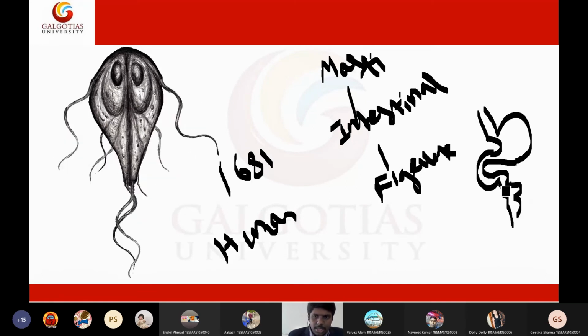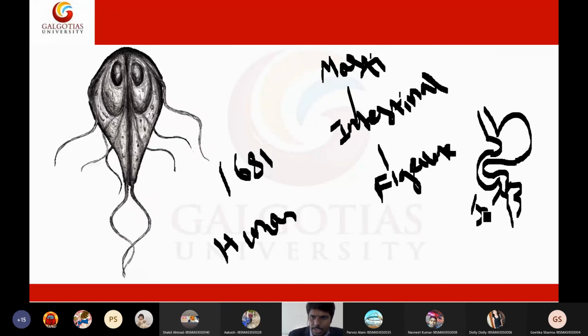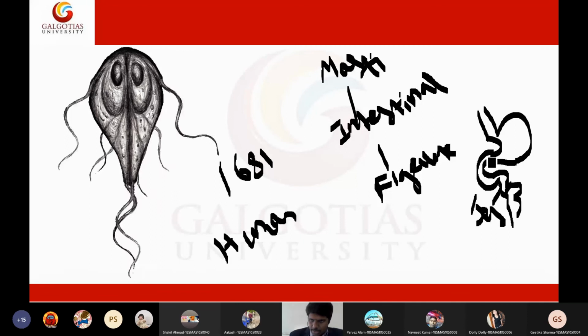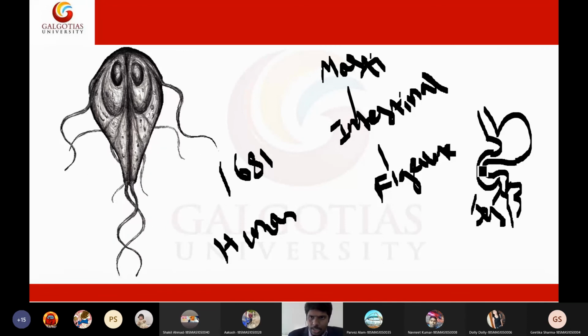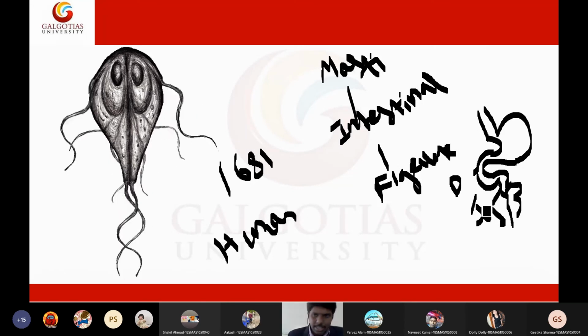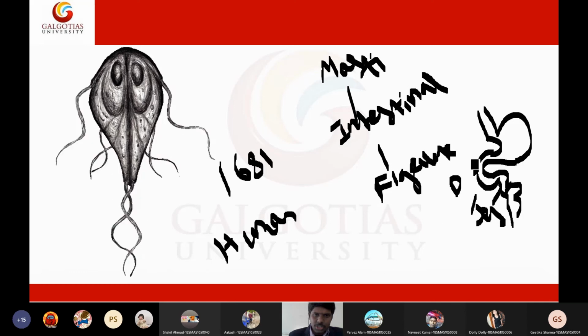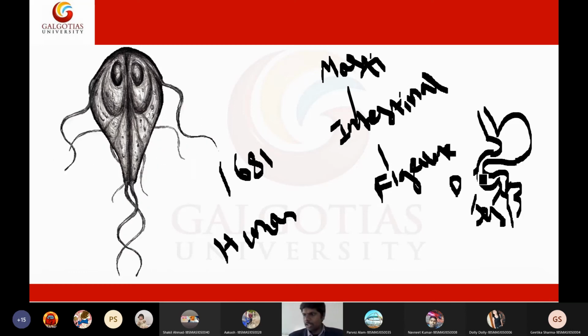The starting portion of the small intestine is called the jejunum, and the bending structure after the stomach is the duodenum. So this is the habitat of Giardia lamblia. Is it clear?